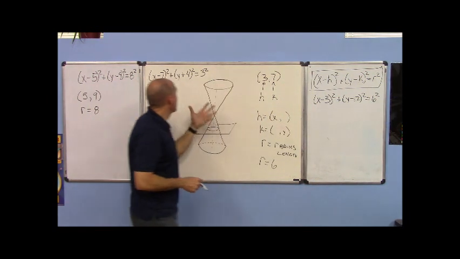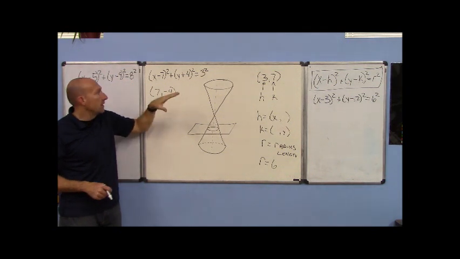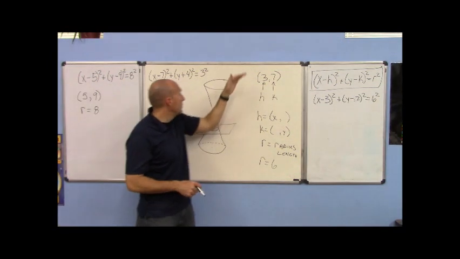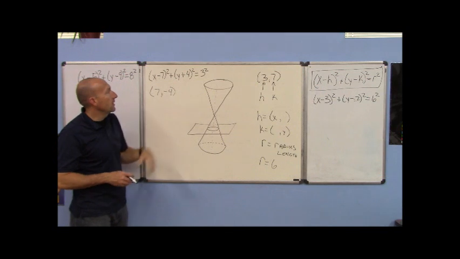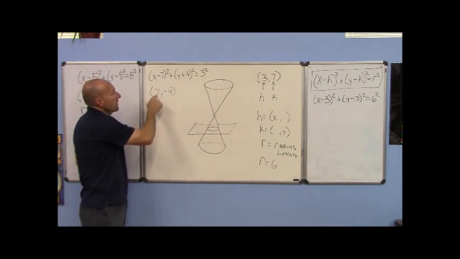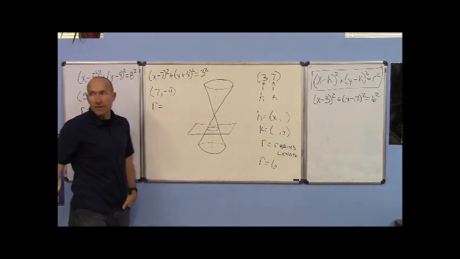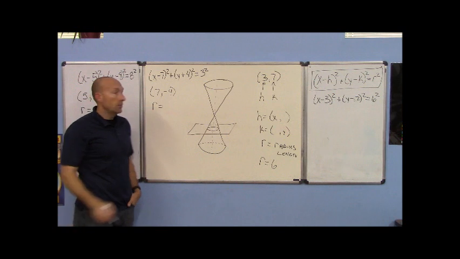So if we result in having a plus over here, it's because this number is negative. The negative times a negative gives you a positive, which is why you end up with a positive here. So yes, it would be 7, negative 4, and the radius length equals 3.